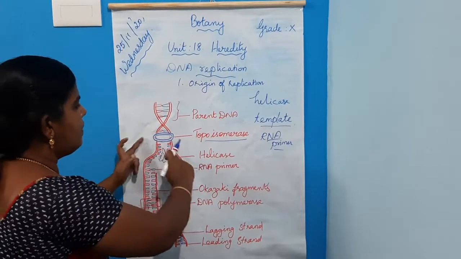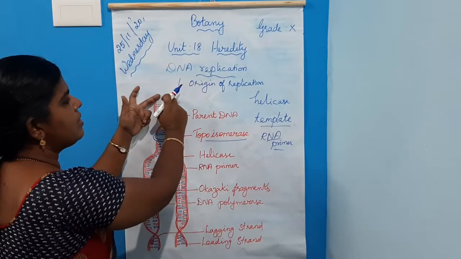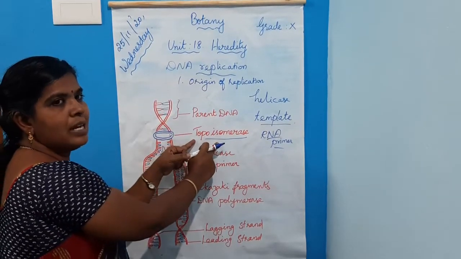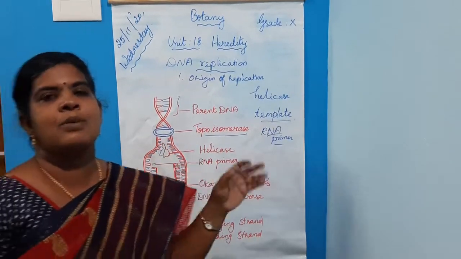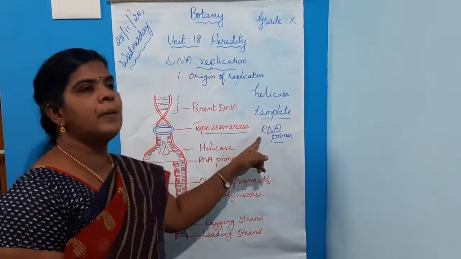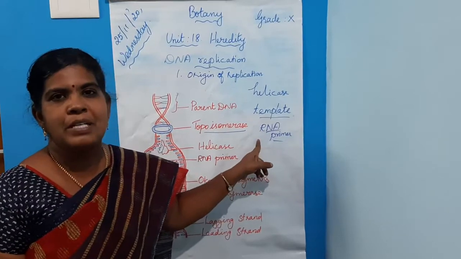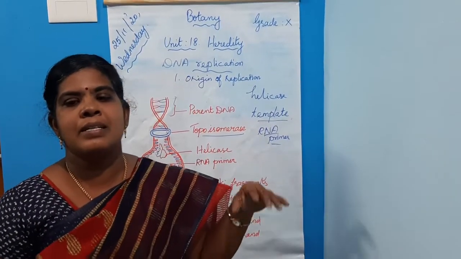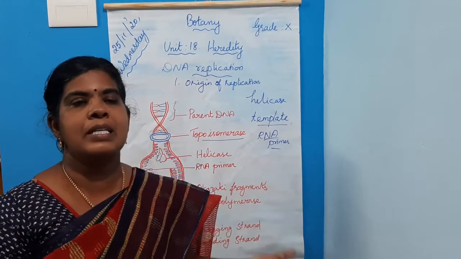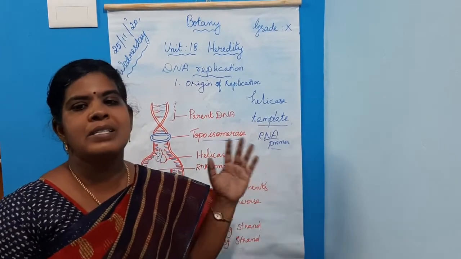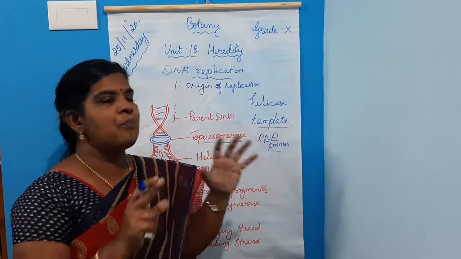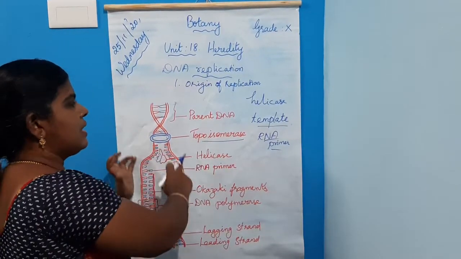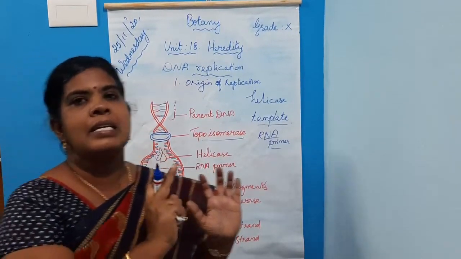Topoisomerase. What is called an RNA primer? It's a short segment of RNA nucleotides. How is it synthesized? The primer is synthesized by the DNA template. What is the DNA template? The separated strands act as the DNA template.